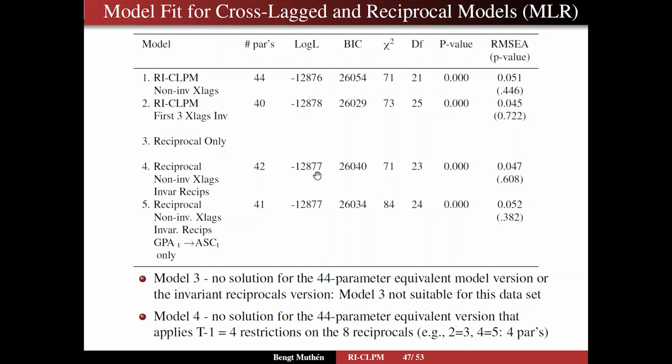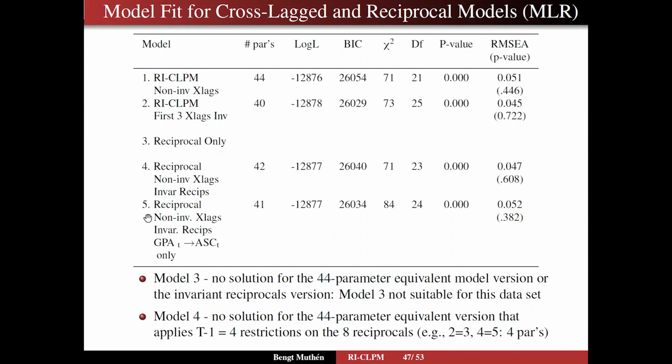So once again, that partial cross-lagged invariance fits rather well, and then the BIC value would be 26016. So that would be the lowest and best BIC value of them all. But I'm staying with model 4 here just for simplicity for now. I essentially couldn't fit the other model on the page.